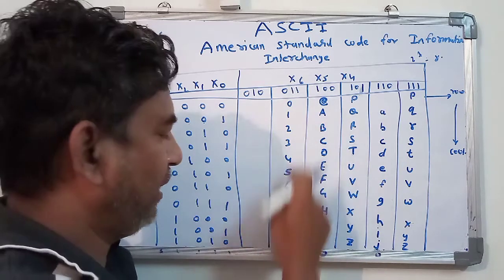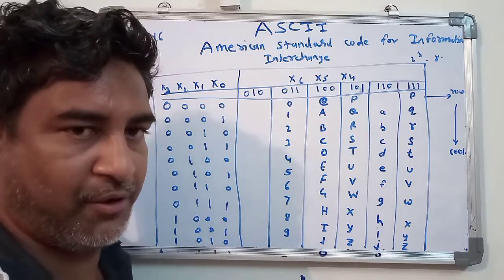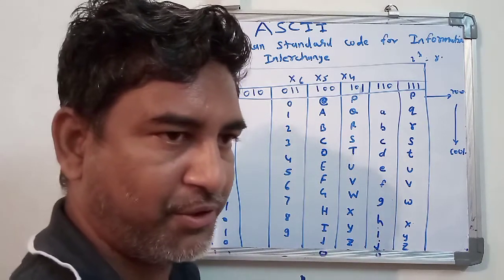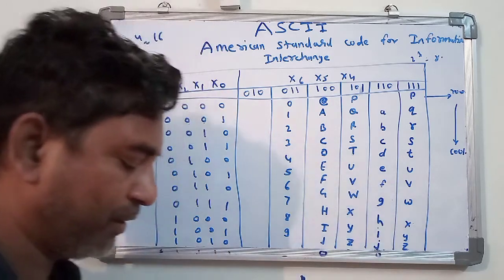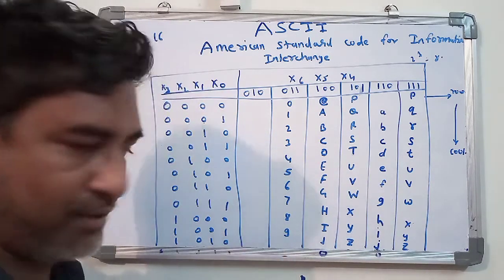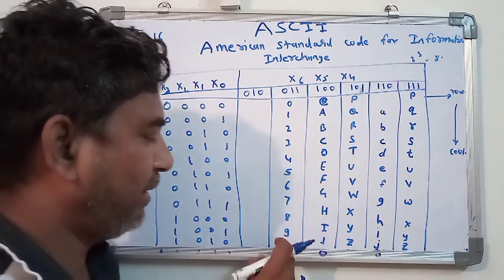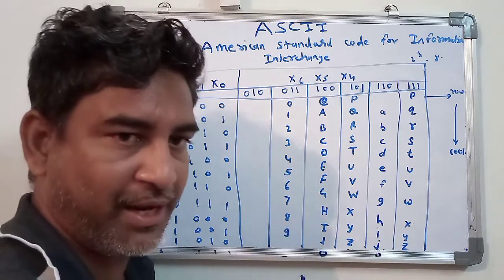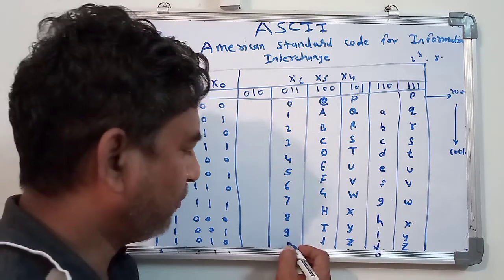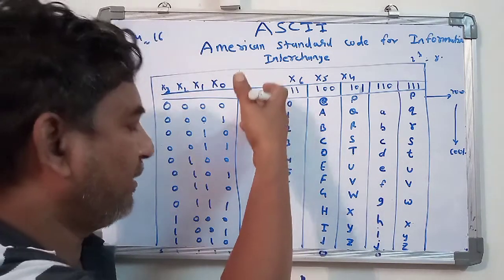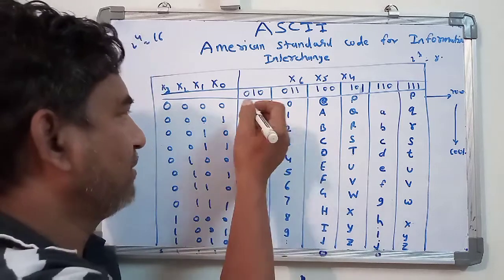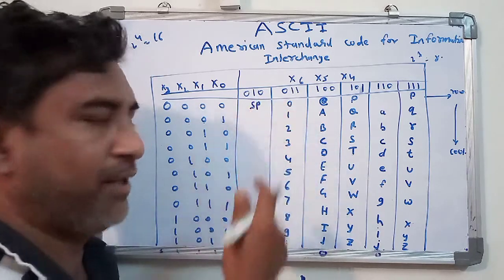Up till 9 you have to write down, because from that particular combination you are following the different values. Now after this 9 there are special symbols, special characters. Here you will get the two column, and again you will get some characters here also, and the special things, that is SP has been written.